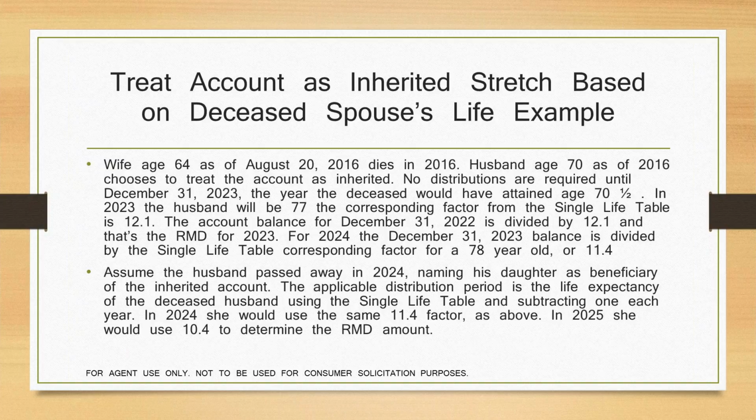I'm not going to go through the numeric example here because we don't have a lot of time. The point is that if inherited IRA or inherited account is chosen, the minimum distribution on the inherited account is delayed until the deceased spouse, the first spouse, would have been 70.5.